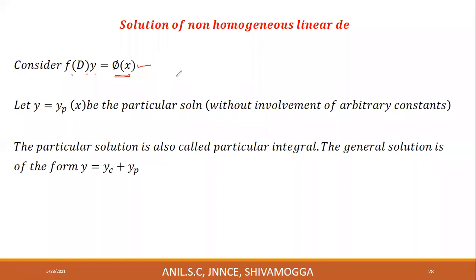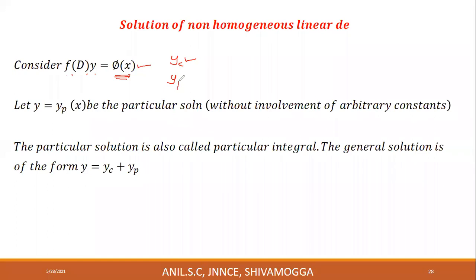We find the solution and denote it by yc or xc, whatever the case may be. The same differential equation f(D)y equals phi of x is said to be a non-homogeneous differential equation if phi of x is not equal to 0. In case of non-homogeneous differential equation, we find one more solution along with this complementary solution.